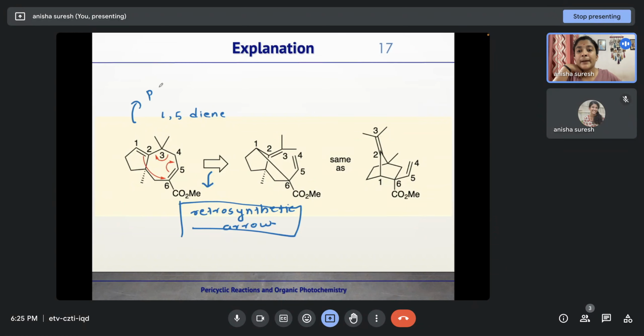So this will be the product and this is the starting material. Okay. So this can also be redrawn in this fashion. If we redraw it, it can be written in this fashion. Okay. Is this clear?